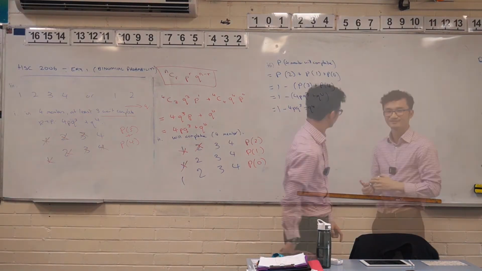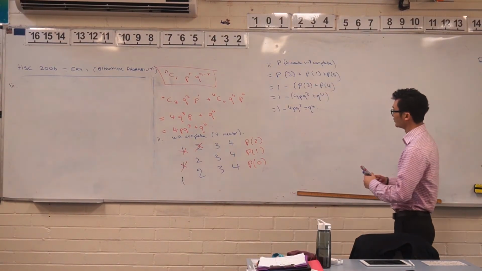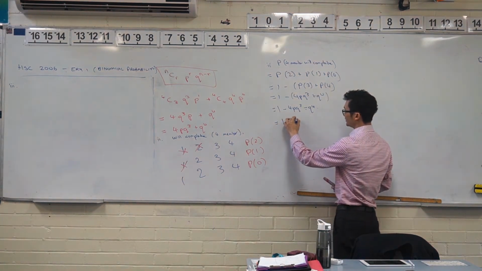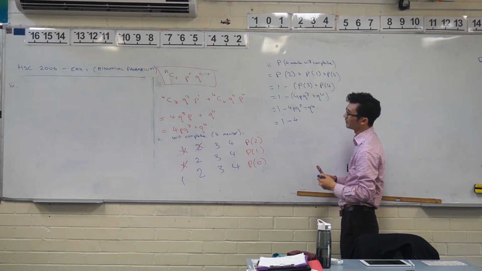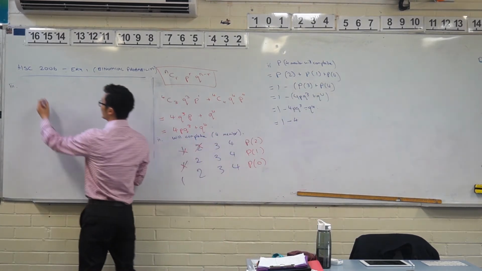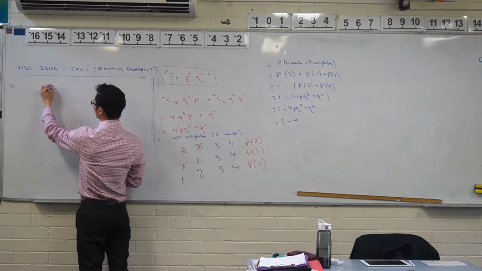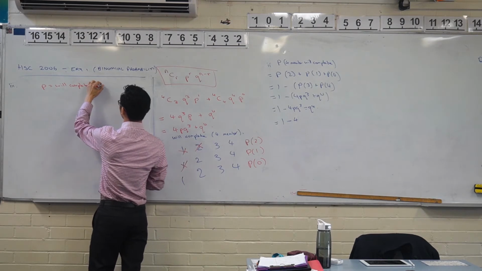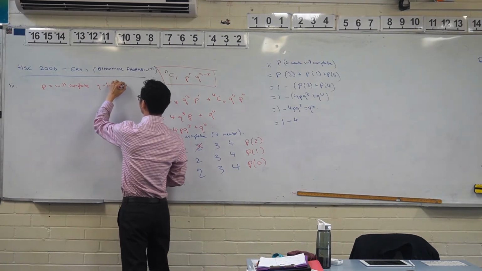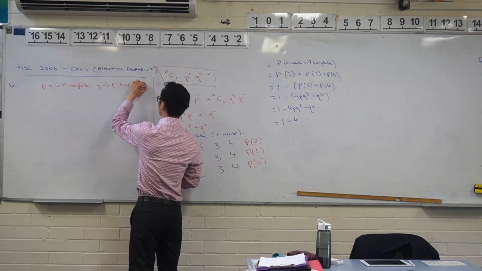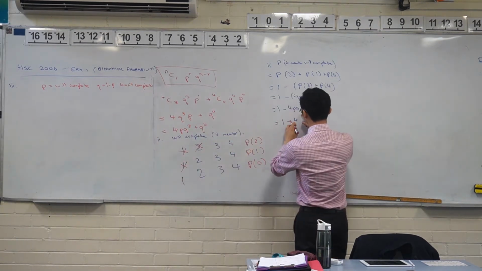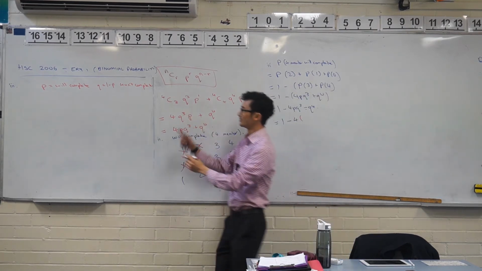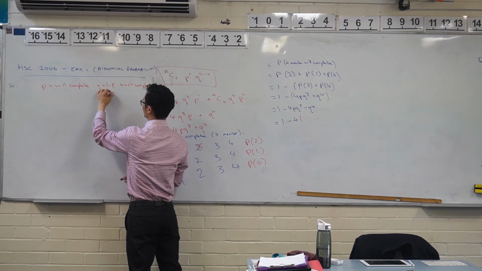And the answer said only in terms of Q, so we should actually rearrange this and rewrite P. Remember in the question they gave us that P is the probability that they will complete, and Q, which is equal to 1 minus P, is that they won't complete, right? So if Q equals 1 minus P, then P would equal 1 minus Q, just rearrange it, right?